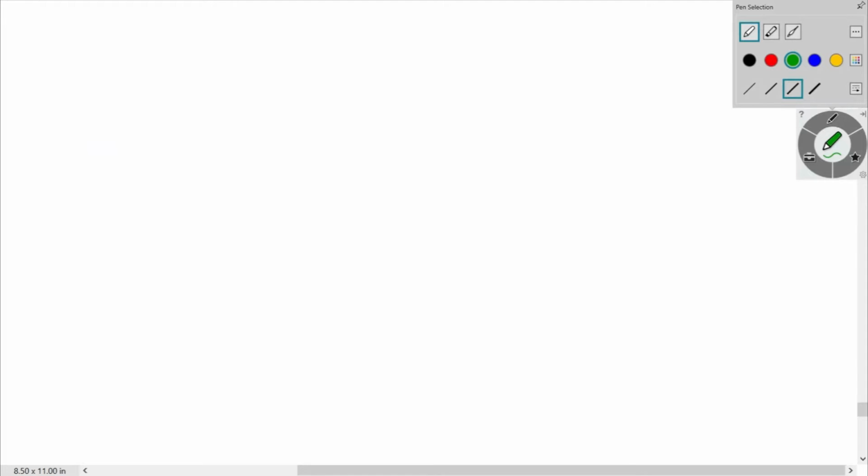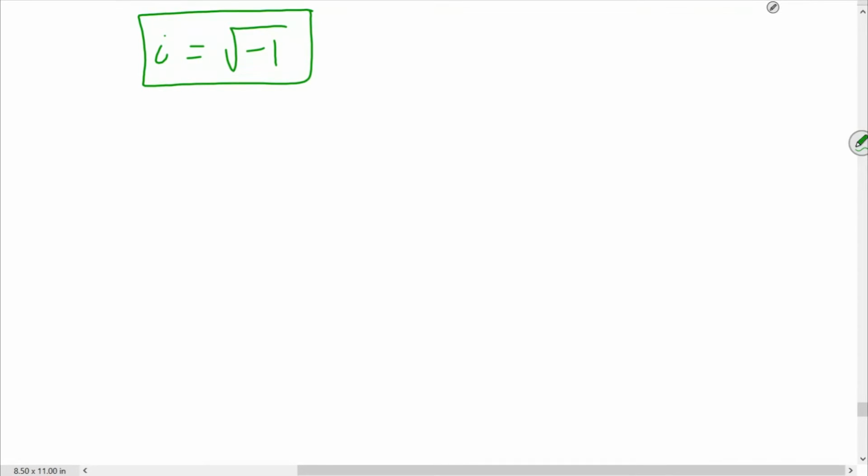The next place to go is to talk about what i is. i is the square root of -1, and that is really important when dealing with complex numbers.